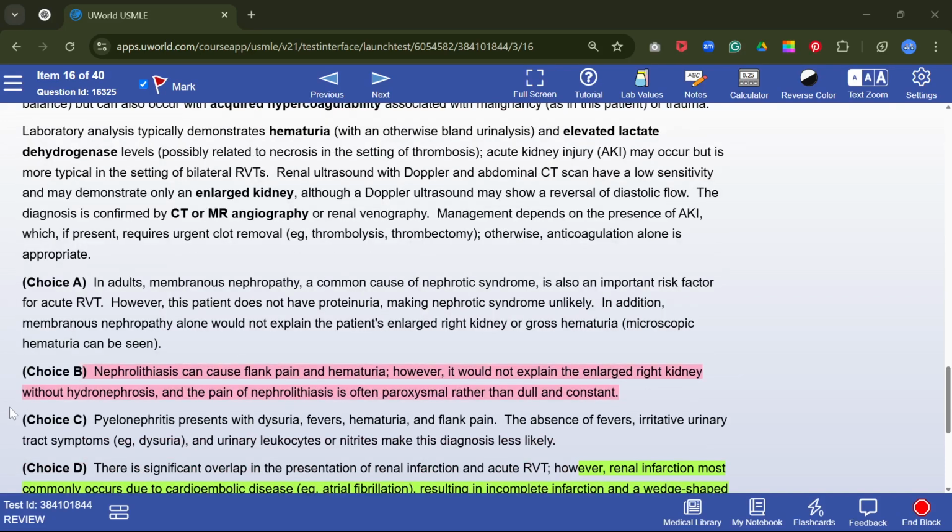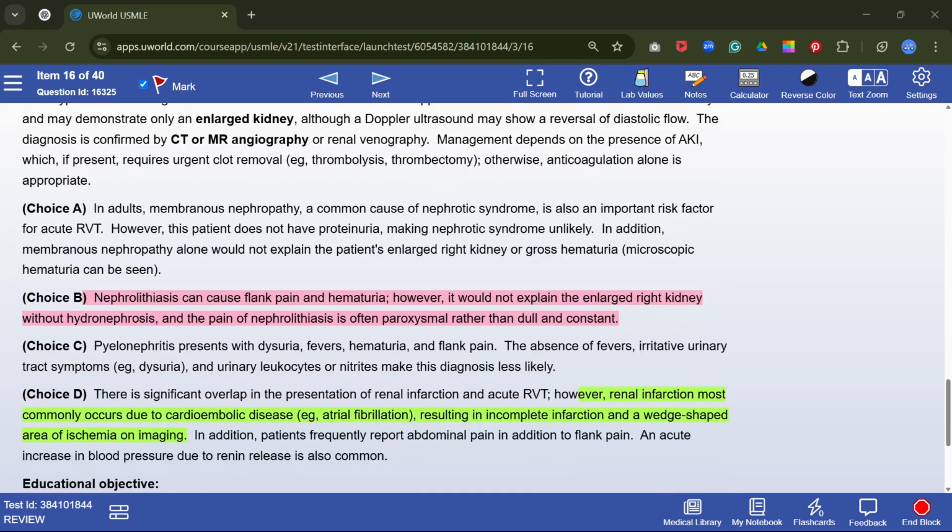Look at this option. Nephrolithiasis can cause flank pain and hematuria. However, it would not explain the enlarged right kidney without hydronephrosis, and the pain of nephrolithiasis is often paroxysmal rather than dull and constant. There is a significant overlap in the presentation of renal infarction and acute RVT.